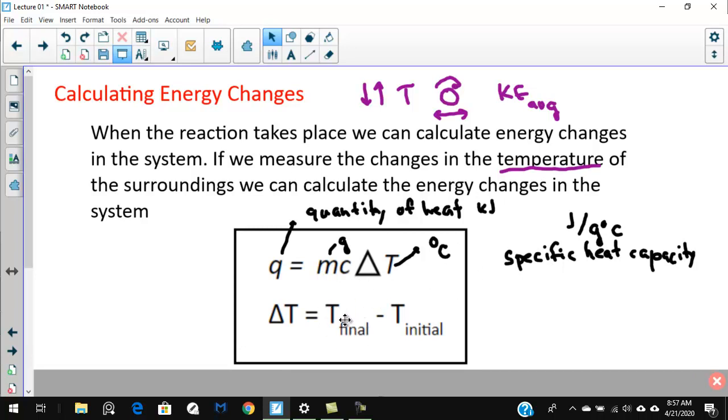We're going to call that T final. And we're going to subtract off whatever the temperature was at the beginning. So we're going to use this change in temperature, run that backwards into our formula so that we have a change in heat. And then we'll be able to tell what's happening in the surroundings around our chemical reaction.